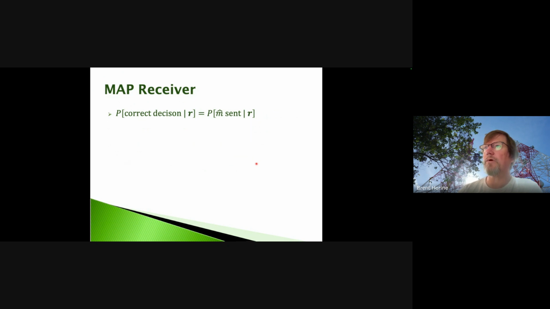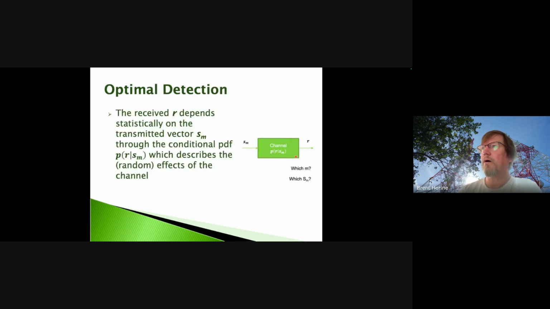But when we model our receiver, our channel, we can maybe estimate this, right? We can figure out what is the probability that we get this R based upon this SM, right? If we know how much noise the channel imparts, how much attenuation it affects the SM with, and that type of thing, right?